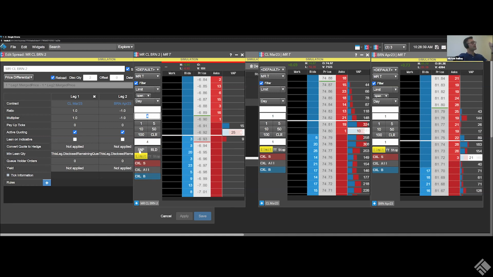Also, while we're here, we have an SNP button as well, and this is the sniper functionality. Sniper functionality allows Autospreader to look at the market and say, instead of quoting an order and then determining where the quote order needs to be based on the hedge, it simply looks at the market and says, do I have the liquidity on both of these legs to achieve the spread at the quantity and at the price that I am looking for?